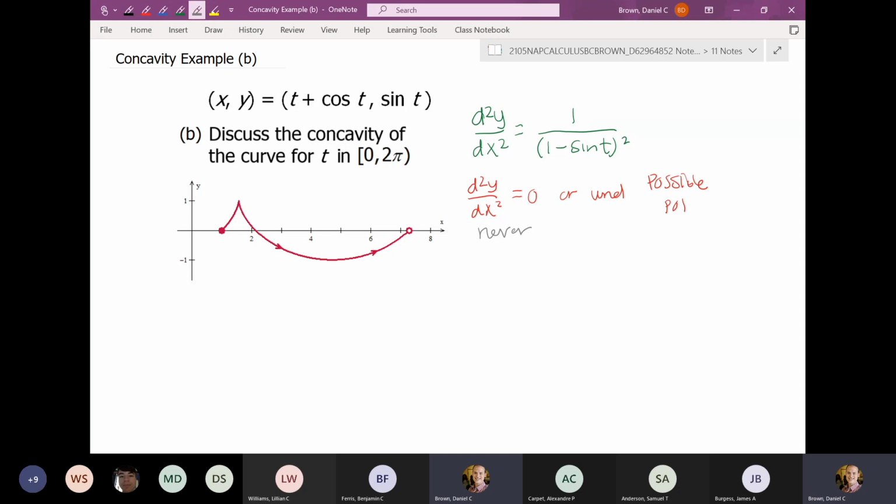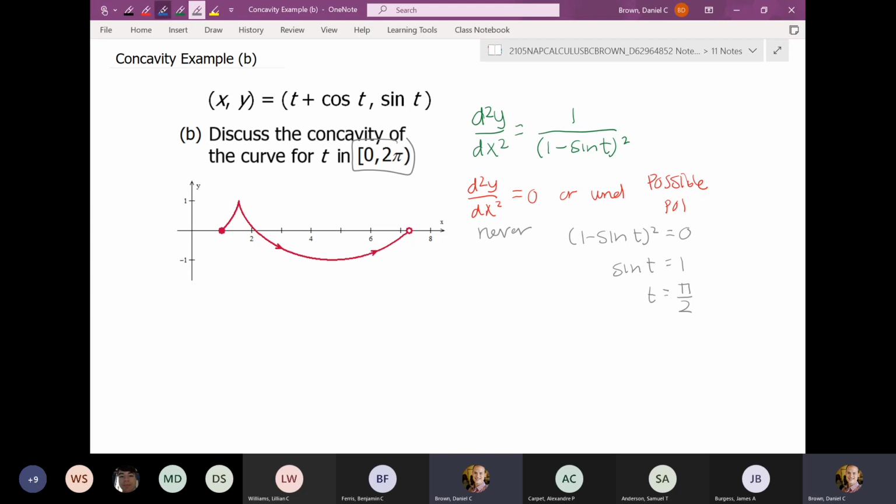That second derivative is undefined when its denominator is equal to 0. Take the square root, move the sign over, we get sine of t is equal to 1, which on this interval only happens in one place, at pi over 2. So that's the parameter where we have a possible point of inflection.